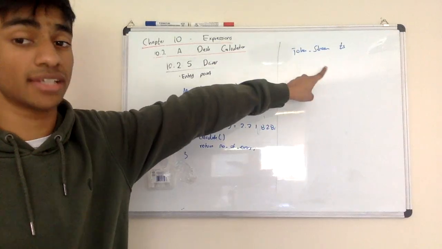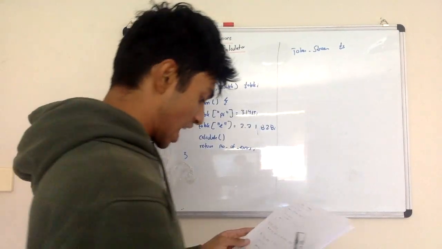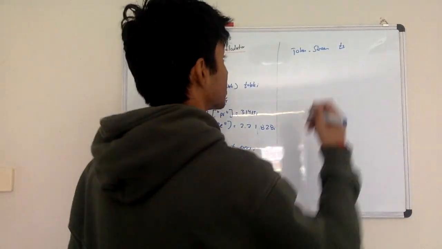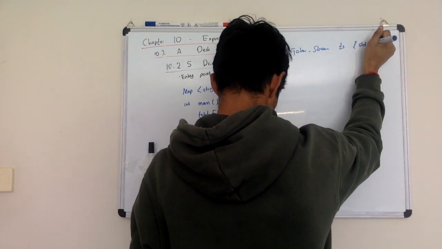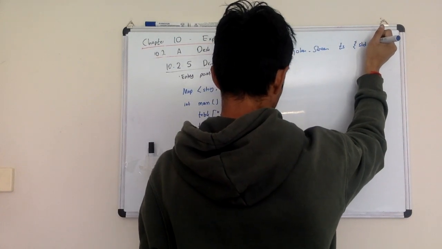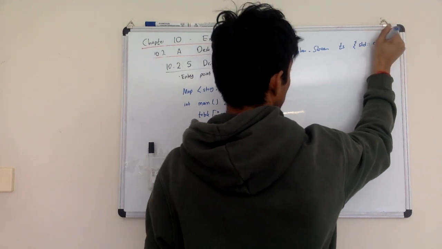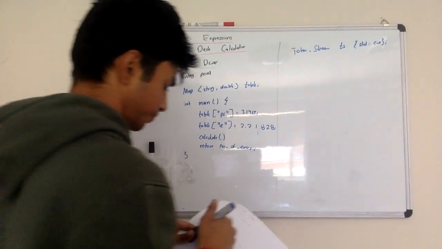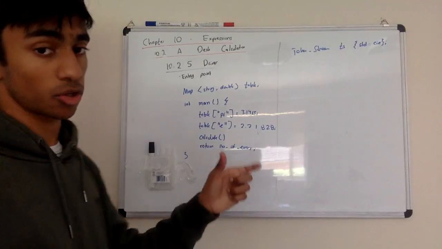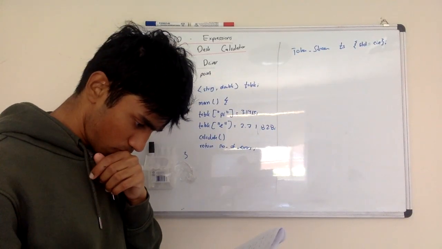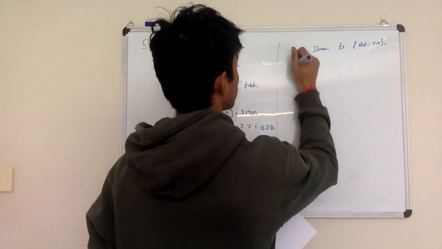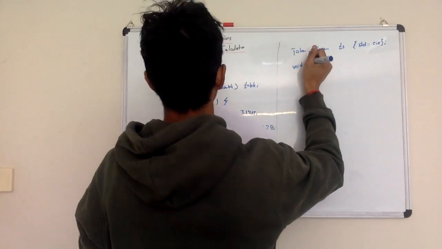So we define ts as a global variable, and we set it to be equal to cin, so we are setting the token stream to be looking at the standard input stream. And then we have the calculate function, which will be defined before the main function.